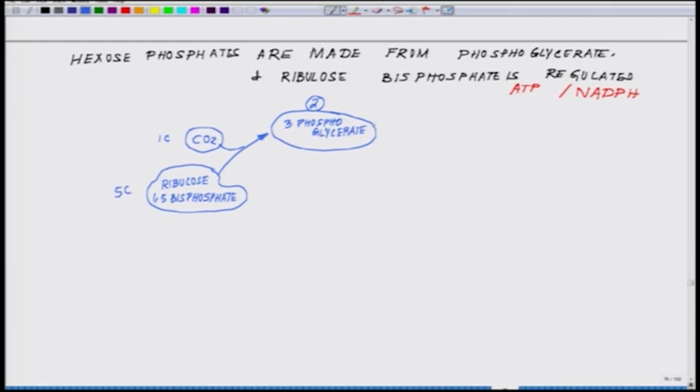At this stage, you need ATP to play a role, and the phosphate is donated, you are having ADP. What you are getting is 1,3-bisphosphoglycerate.